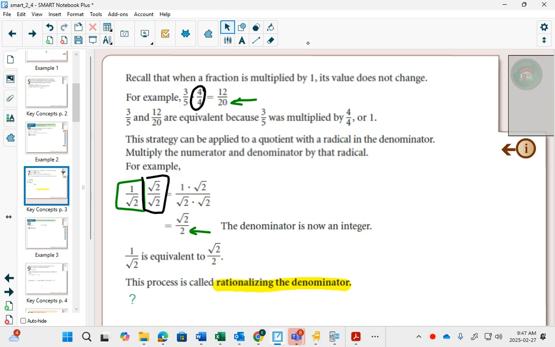Historically, the reason for this was before calculators, and I'm just going to randomly put stuff out there. If you wanted to get this to 5 decimal places, it might take you 6 hours of work.